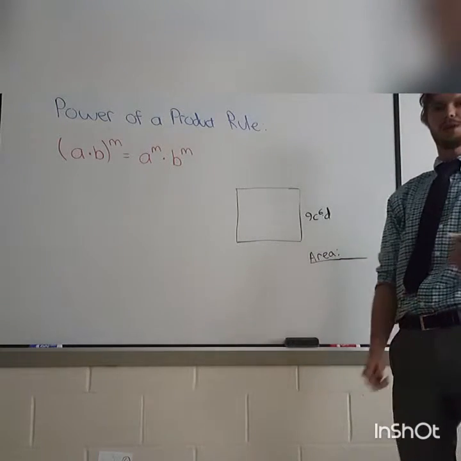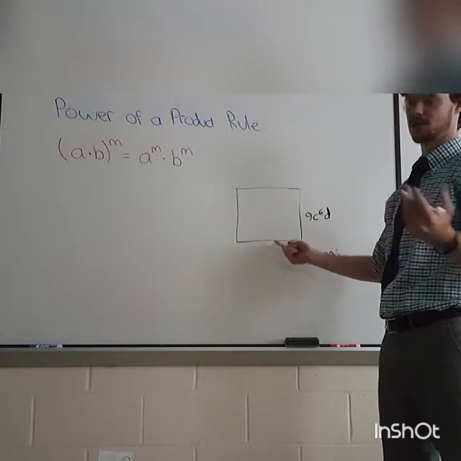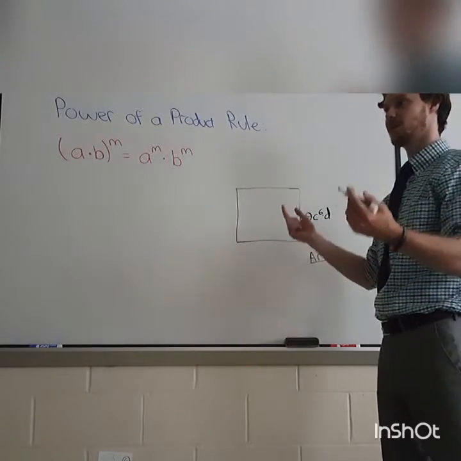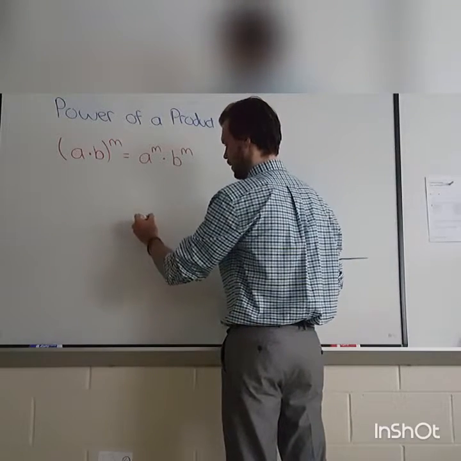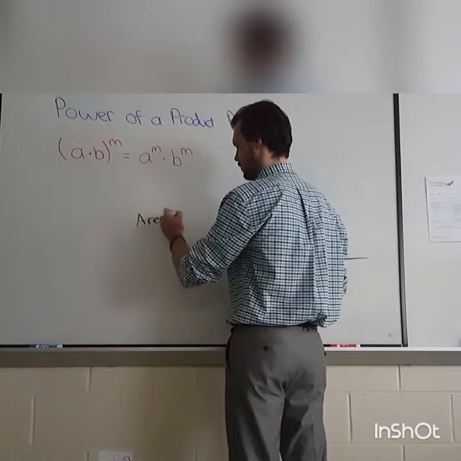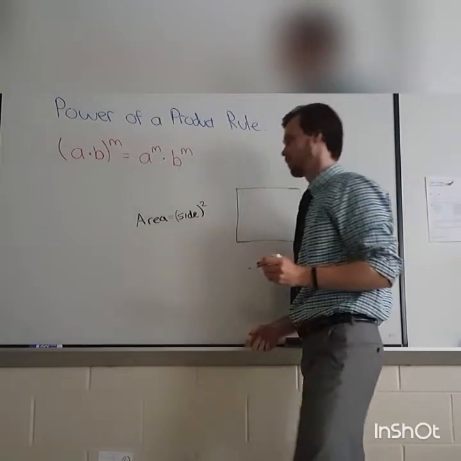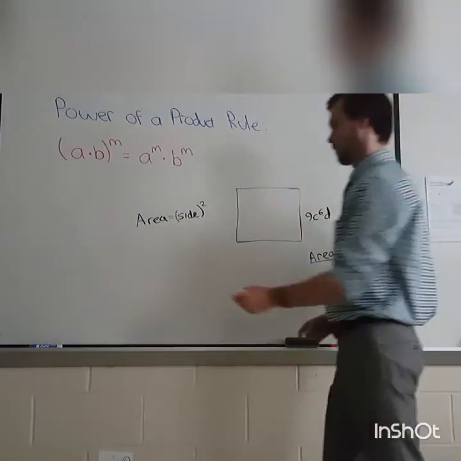Well, if I have to find the area of a square, all we have to do is length times width, or since they're the same, we can do side times side, which is also the same thing as side squared, right? Area is equal to the side length squared. Well, in this case, our side length is 9c to the 6th d.